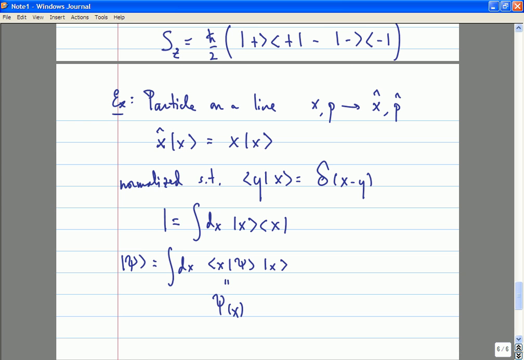Yes, question? It seems funny that the position eigenstates are in the Hilbert space, because you get 2 bases of different sizes. Yeah, when you have infinite dimensional Hilbert spaces, there are all sorts of subtleties like this. Technically speaking, you need to be careful about what is and isn't in the Hilbert space.